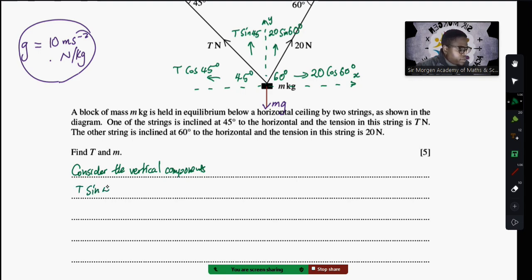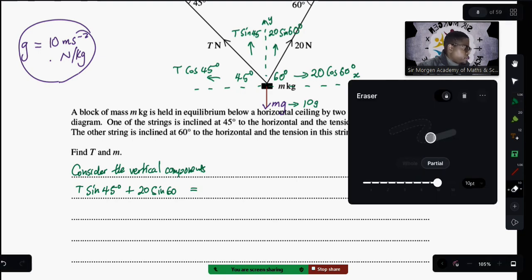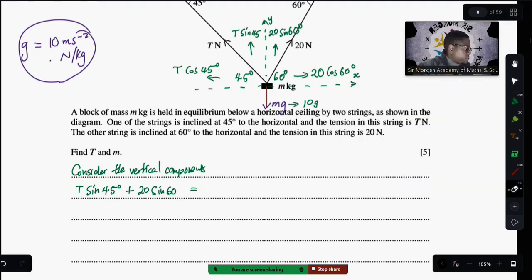T sine 45 plus 20 sine 60 is equal to mg. We know g is 10, so we have 10m.